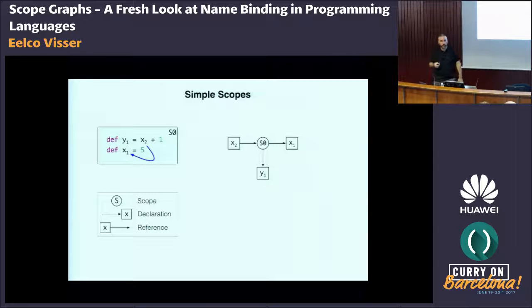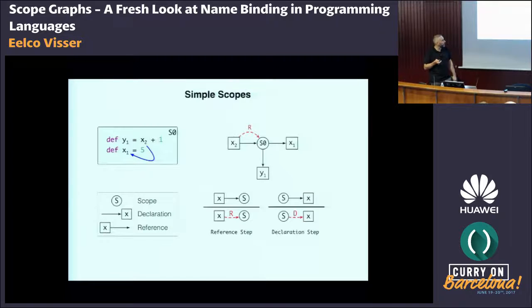And we define references by boxes that point to the scope in which they are a reference. And then resolution is a matter of finding a path from a reference to a declaration with the same name, following these basic steps. So we can go from a reference to its scope, and from a scope to a declaration. And well, so that's a simple name resolution.